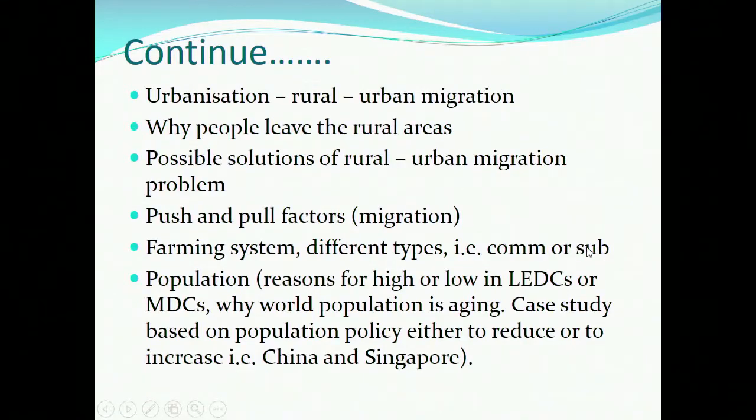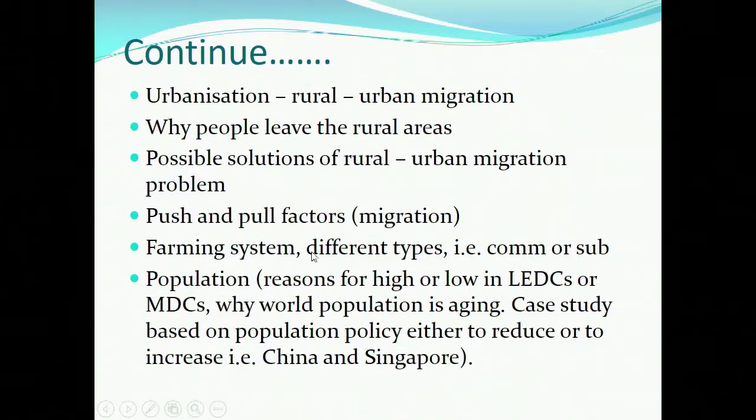Understand the differences between the two, which one is meant for profit and which one is meant for family consumption. There is also other types, like extensive farming. Which one between commercial and subsistence fits extensive farming, for example?